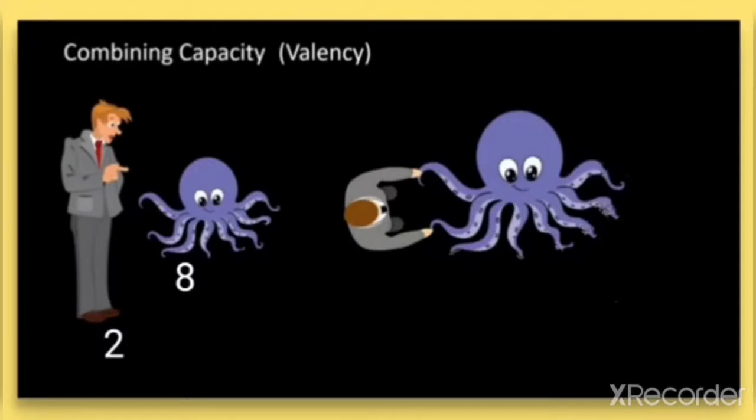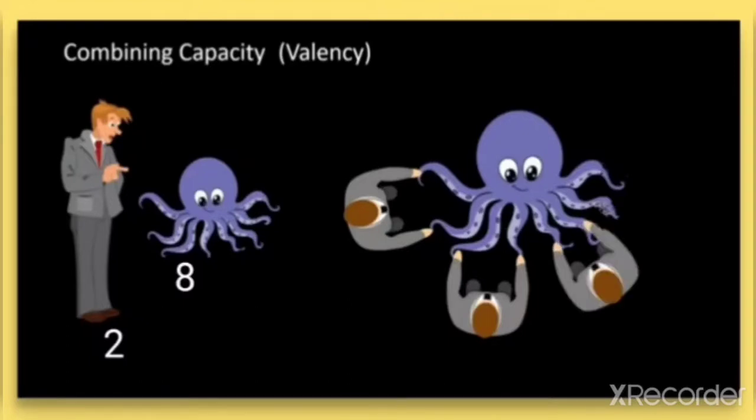So can you tell me how many men can hold the other arms of the octopus? Let us count in this way. Already one man holds 2 arms. One more man holds 2 arms. Now how many possibilities are there?